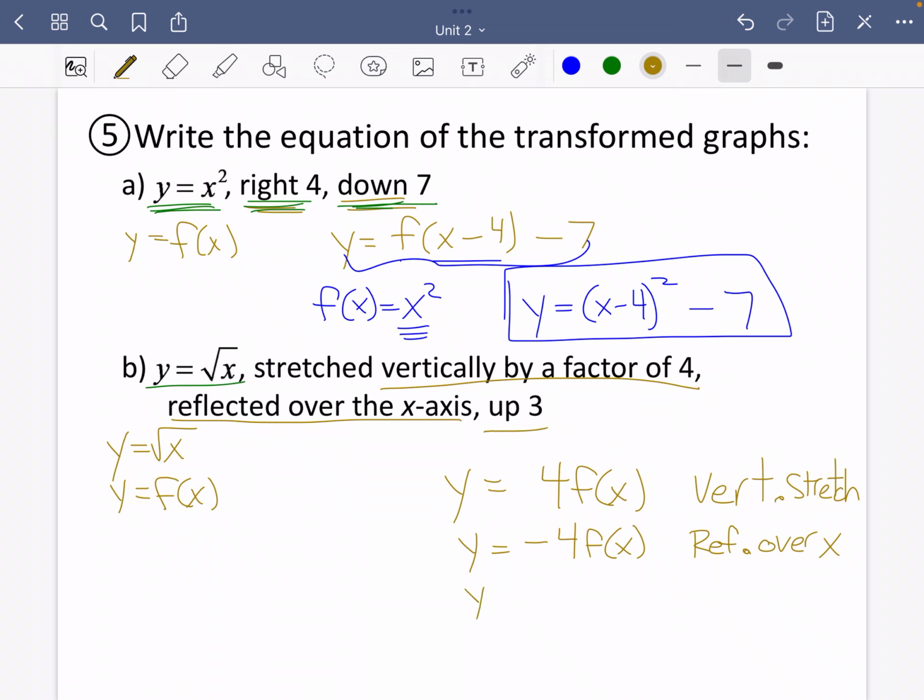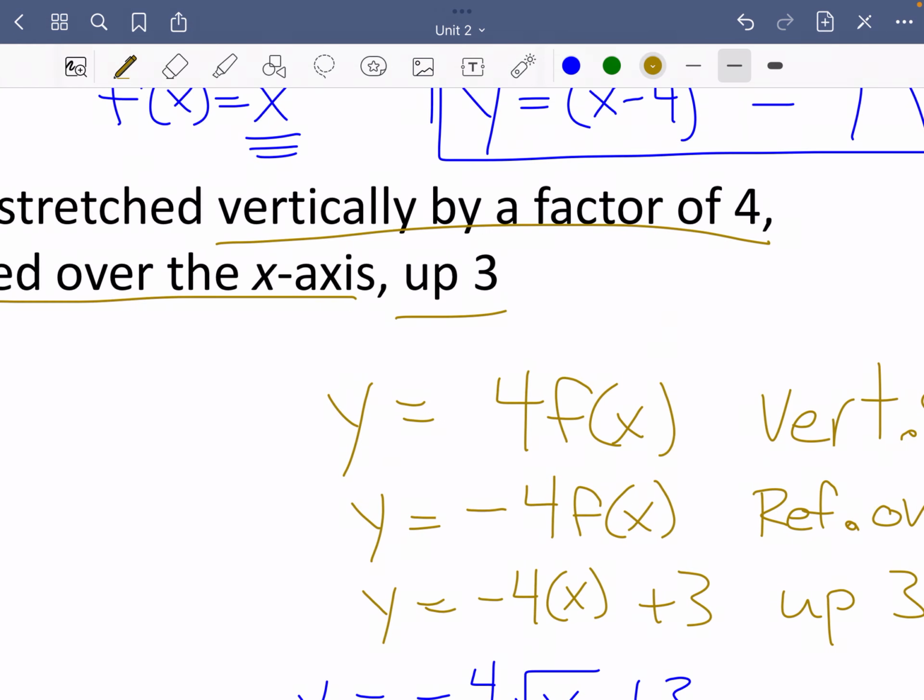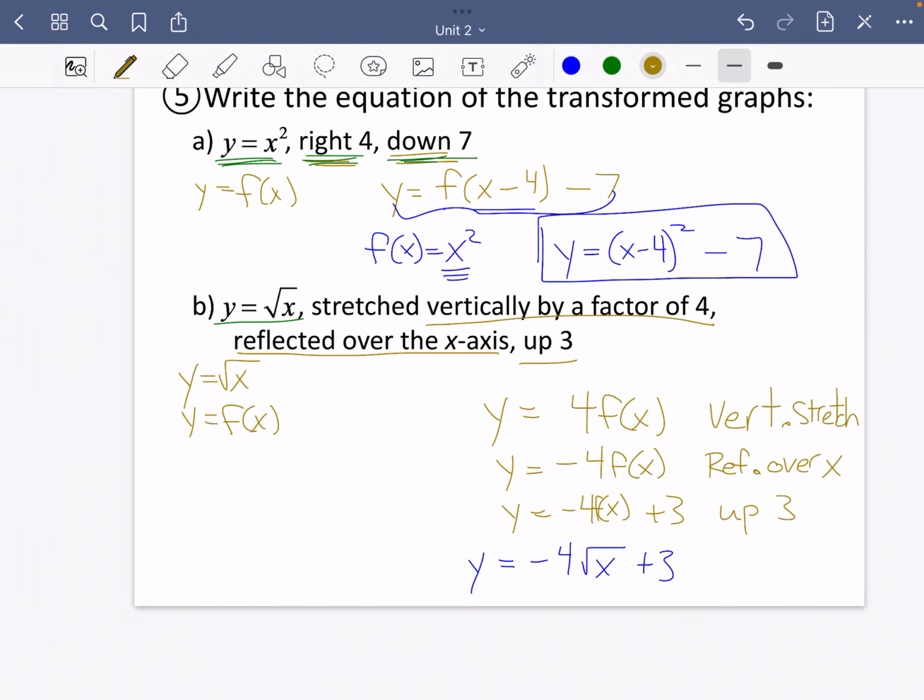So to shift up 3, we just add 3 on the outside. So if we put all of that together, our equation is going to be y is equal to negative 4 times the square root of x plus 3. Oh, and that line just above it should be an f of x right there.